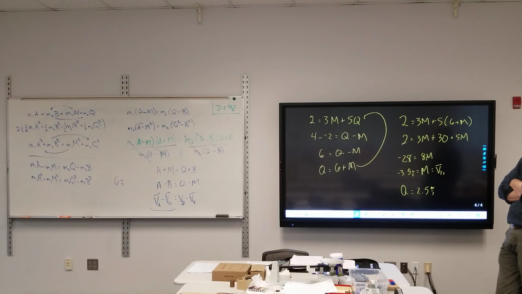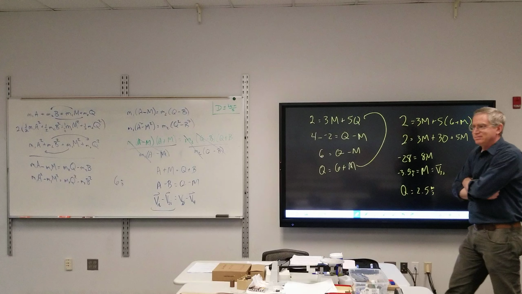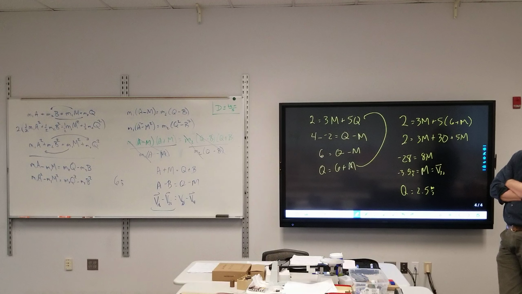It went away when we solved for Q. Is it when we canceled out the M1 times A minus M1 and the M2 times Q minus B? Is that when it disappeared? Not that point, but you're near it.